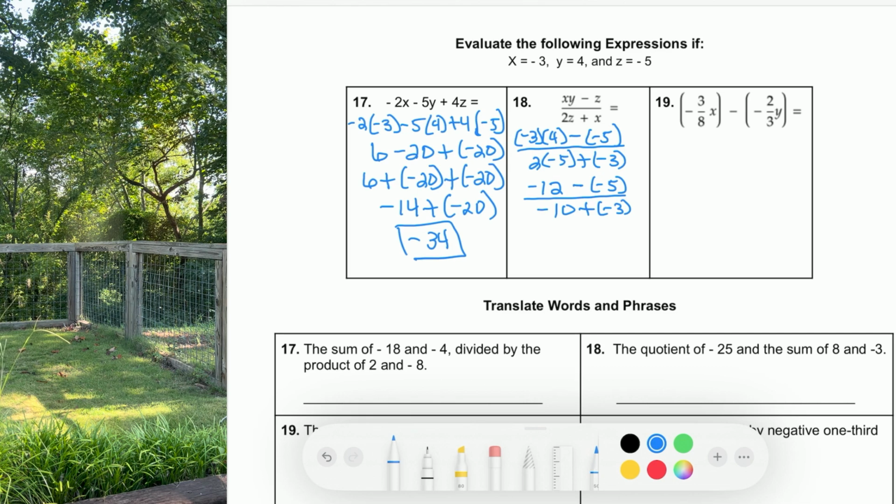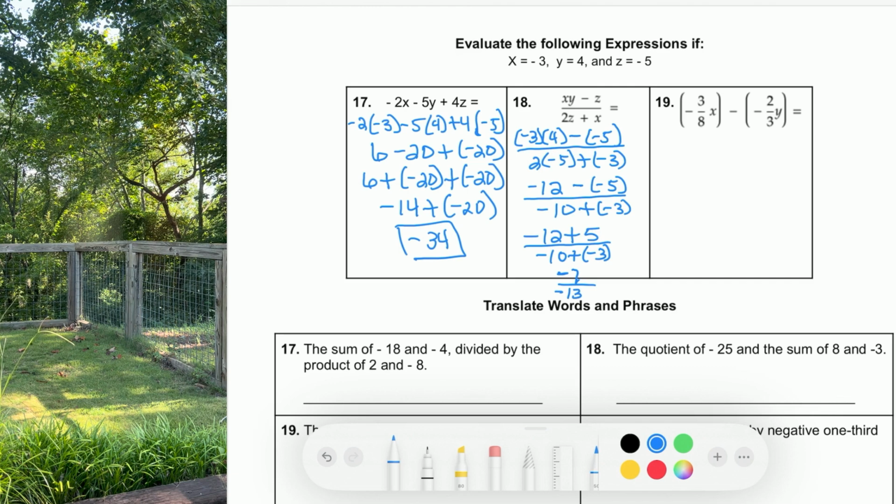So -12 plus 5 over -10 plus -3. -12 plus 5, we're going to take the difference and keep the sign of the larger number. So that gives us a -7. -10 plus -3 is a -13.